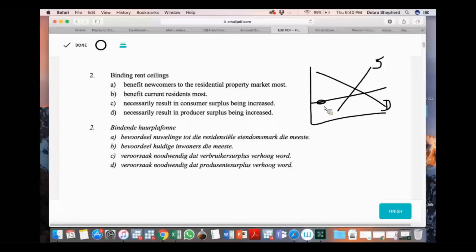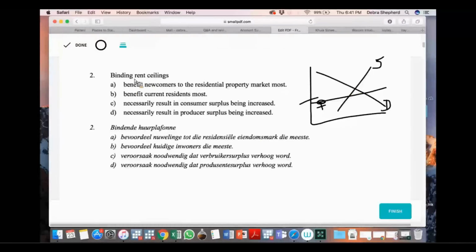So again, you can imagine this little person who's now below the ceiling. Any price that is above that line becomes illegal, and anything below this line is now legal. So in the case of a binding rent ceiling, we would end up having a shortage resulting.